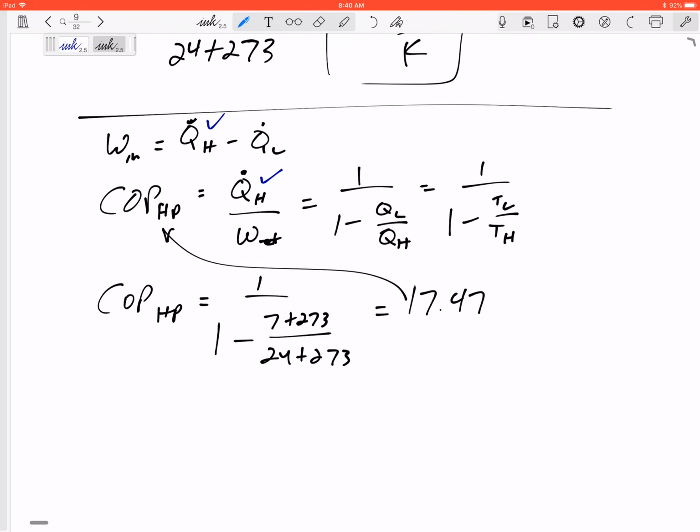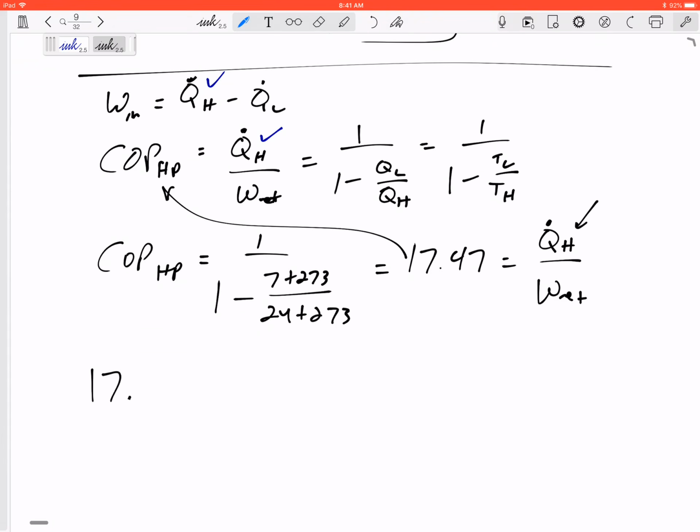And I'm going to bring that up here and say that coefficient of performance is equal to QH over W net. And I know that QH is 300 kilowatts. Let me rewrite this right here. 17.47 is 300 kilowatts over work net in.